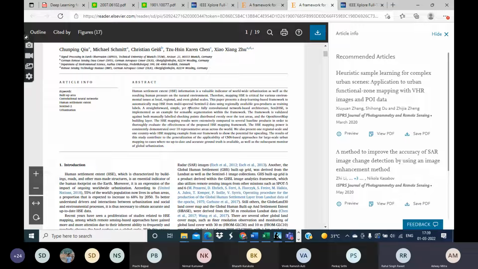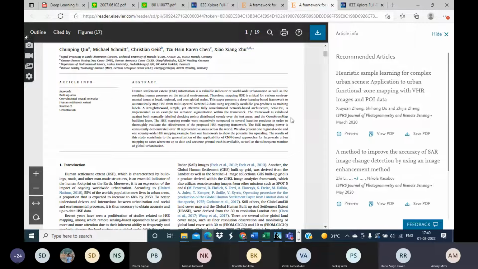So a straightforward, simple, and yet fully convolutional network-based architecture, Sen2HSE, is implemented as an example of semantic segmentation within the framework. The framework is validated against both manually labeled checkpoints distributed evenly over the entire test areas and the OpenStreetMap building layer.